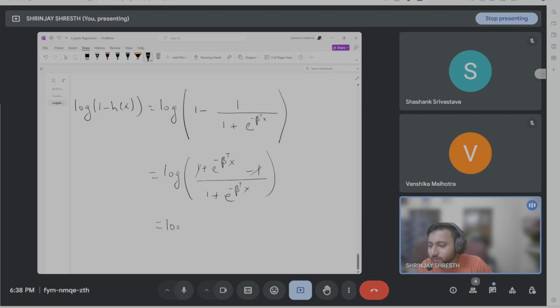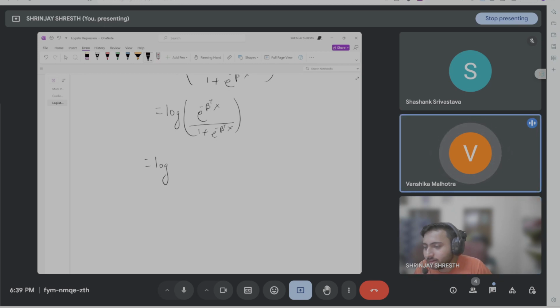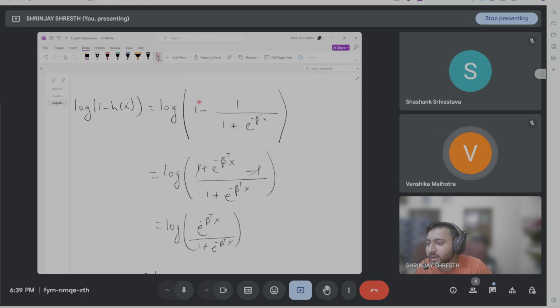You have log of e raised to the power minus beta transpose x over 1 plus e raised to the power minus beta transpose x. Did everyone get this much? We just took the LCM and cancelled 1 and 1. We have only this term in the numerator and this term in the denominator.